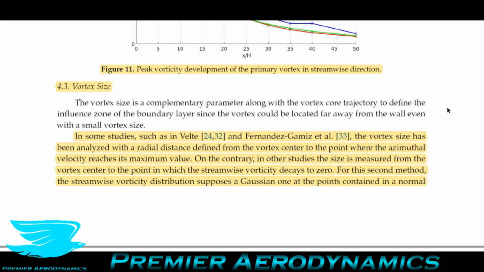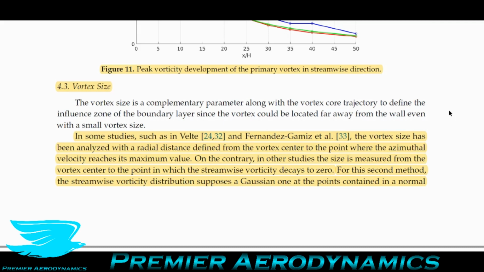So in other words, they're trying to figure out how to quantify the size of a vortex. When do you say that a vortex is no longer present when you go further away? So they're saying that some researchers looked at the center of the vortex to the point where the velocity in this region is now the same as the free stream velocity.